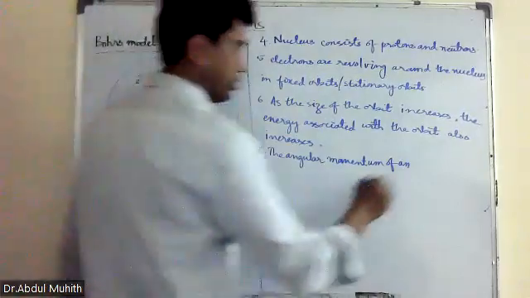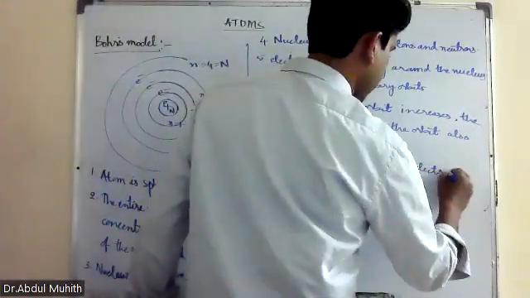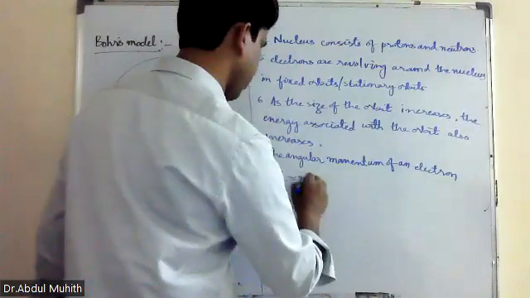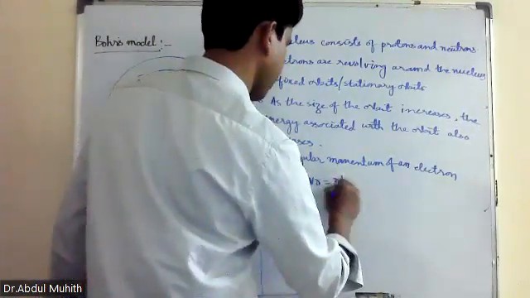Angular momentum of an electron is given by L equal to mvr, which is equal to nh by 2 pi.